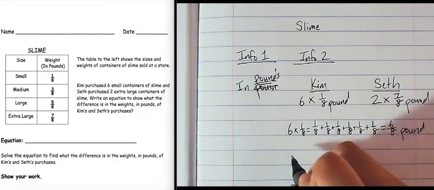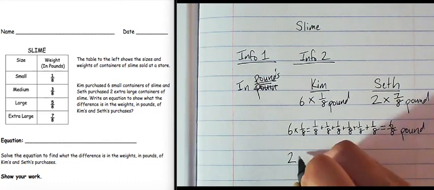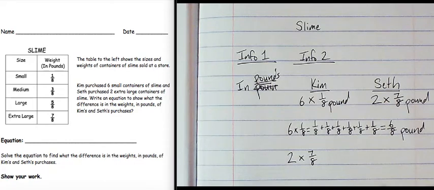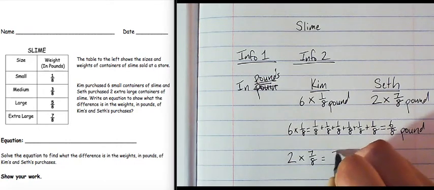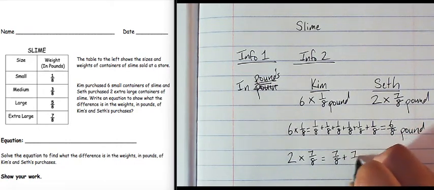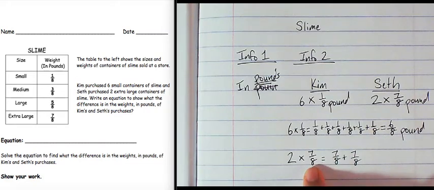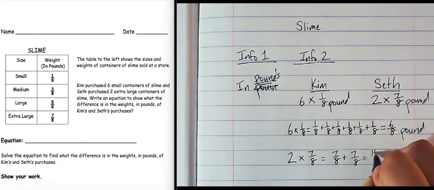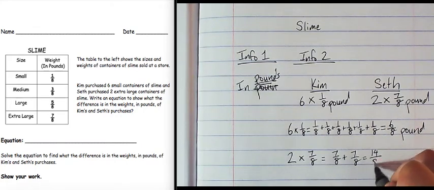Let's think about Seth. Seth has 2 extra large containers, which are 7/8 of a pound each. So that's like saying 7/8 plus 7/8, because it's 7/8 2 times. Well, 7 plus 7 is 14. So that's 14/8. Now wait a minute.